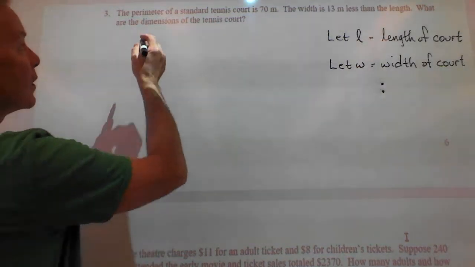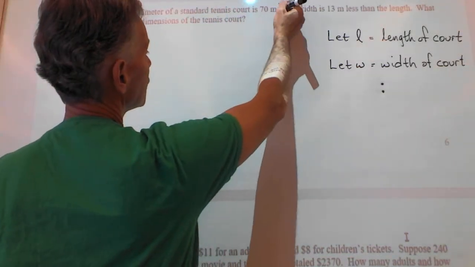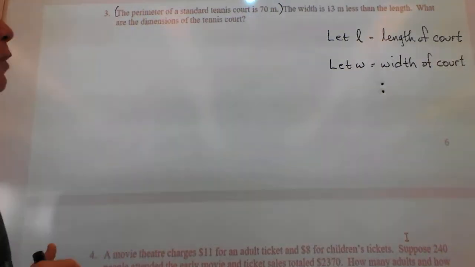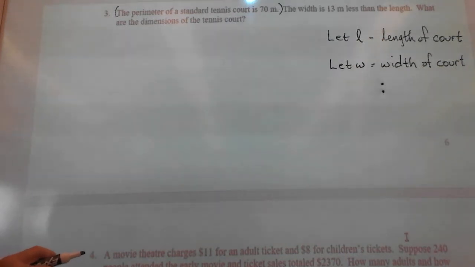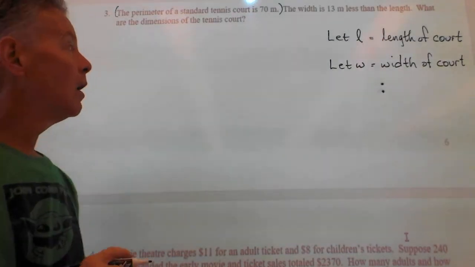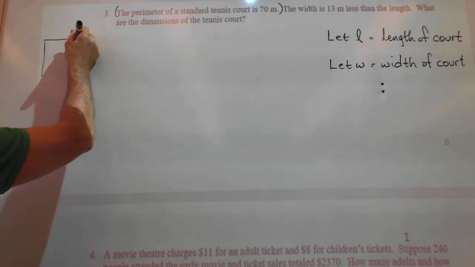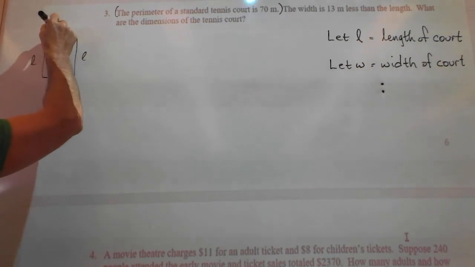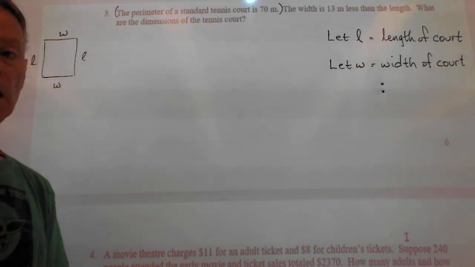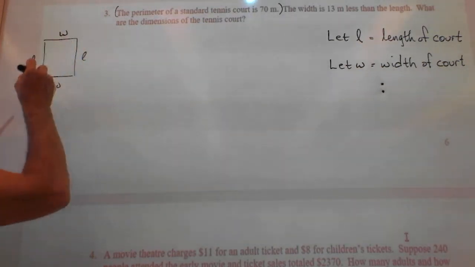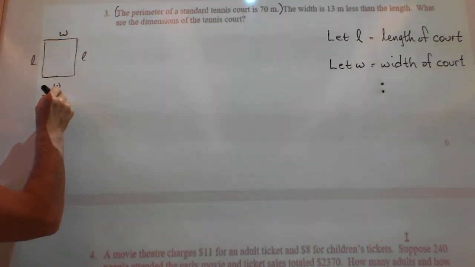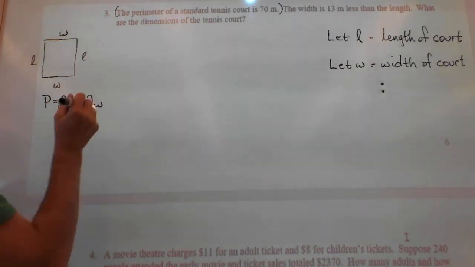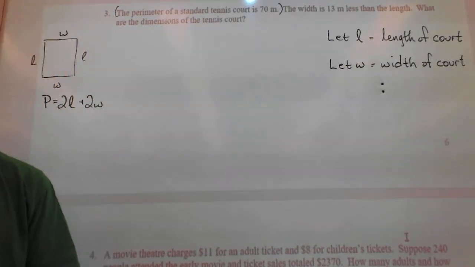Now, the first equation addresses the first sentence there, which says the perimeter of a standard tennis court is 70 meters. Well, you know this thing is a rectangle, right? Here's the length, here's the width, here's another length, here's another width. So, if you were looking for the perimeter, remember, the perimeter is simply 2 lengths plus 2 widths, okay?